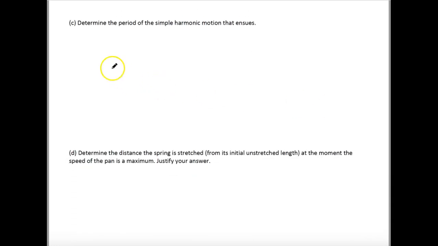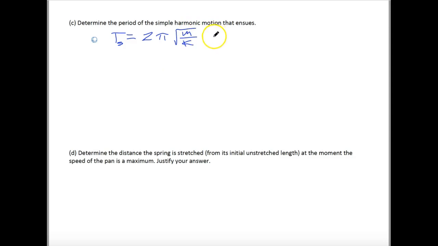Next thing they want us to do is determine the period of the simple harmonic motion that results. To do that, we just need to remember our equation. Actually, it's on the equation sheet. T, the period of a spring, is equal to 2 pi times the square root of the mass divided by the spring constant.